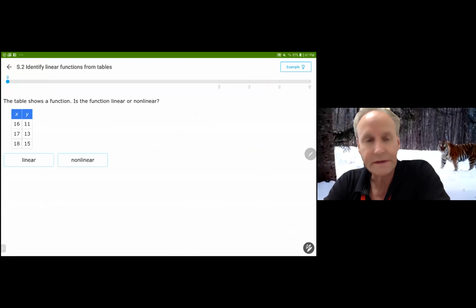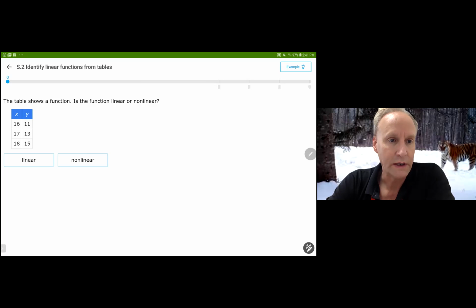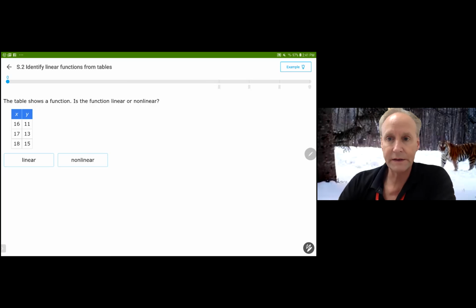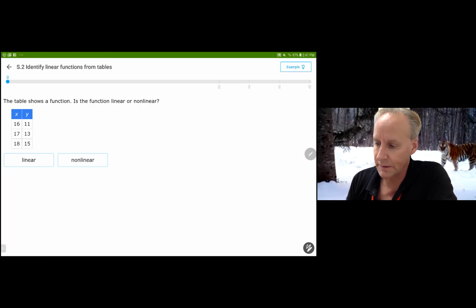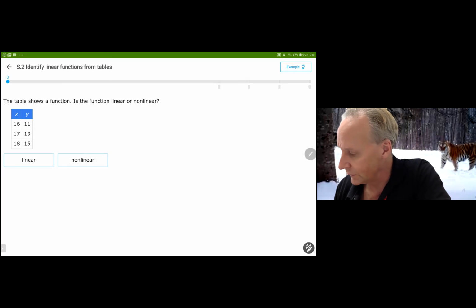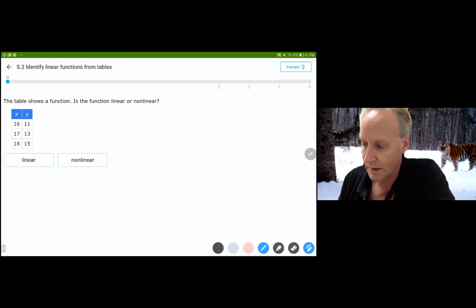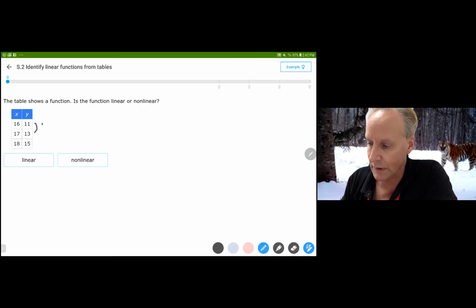So here's a table, and we want to know, is this linear or nonlinear? The best way to tell is if it has a constant slope. So we're going to look and see if the difference in the y's, which happened to go up 2, and the x's went up 1.